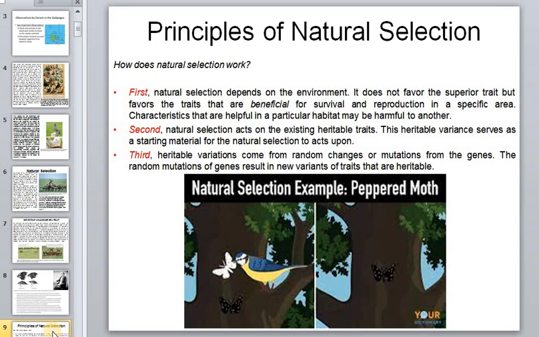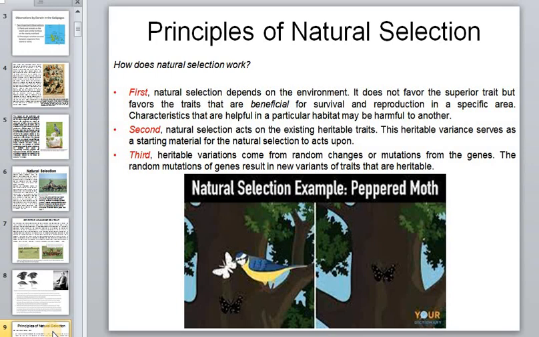And the second, natural selection acts on the existing heritable traits. This heritable variance serves as the starting material for natural selection to act upon.